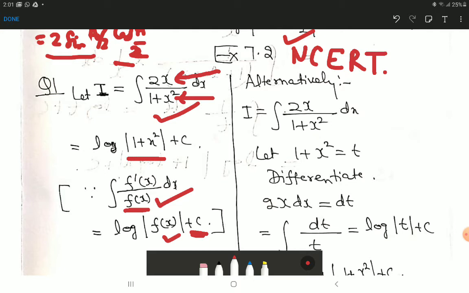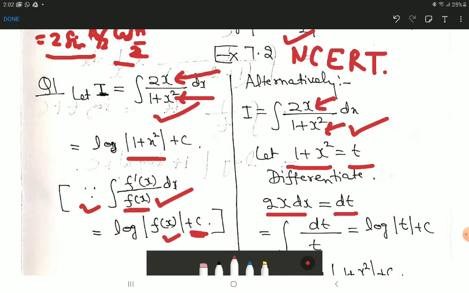But if you want to use the alternate method, that is substitution method, through which this theorem was proved, you can do that also. That is the direct method. So alternatively, assume the function to be t. Definitely you will have to recognize where is the function and where is its derivative. So 1 plus x square is the function, 2x is the derivative. So you will assume the function to be t. Differentiate it. Derivative of 1 is 0, that of x square is 2x dx, and derivative of t is dt.